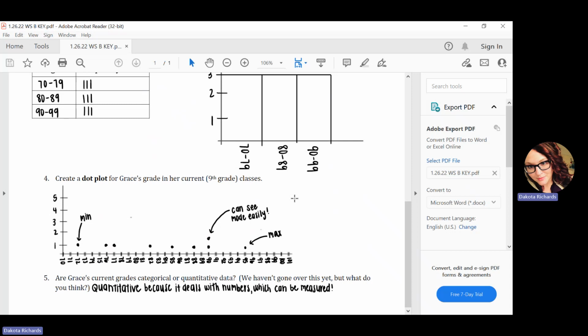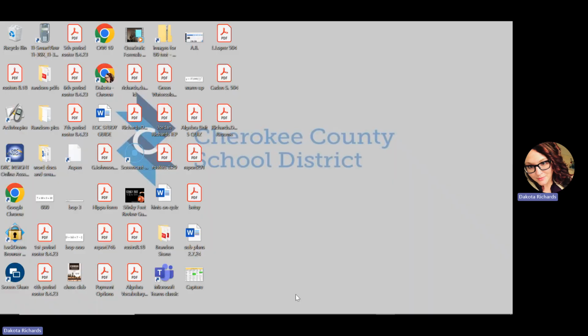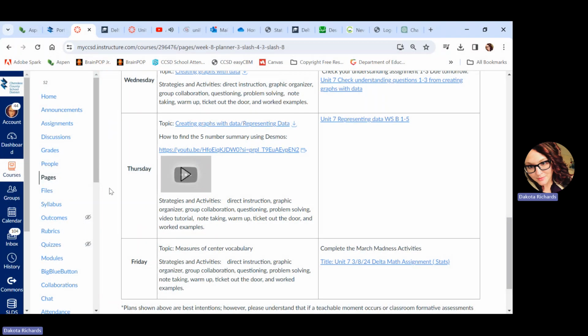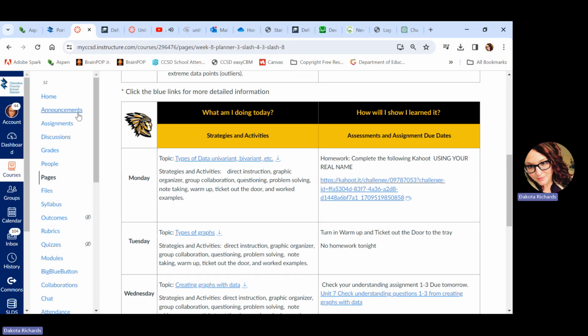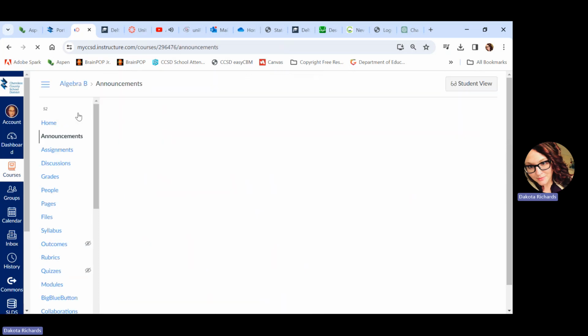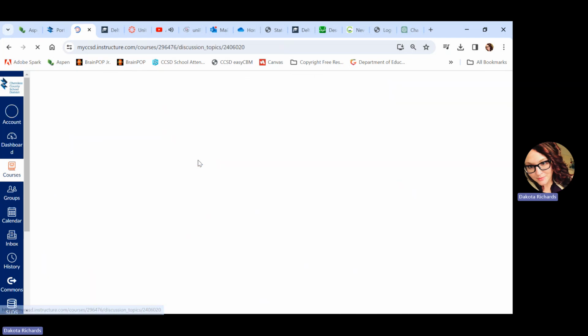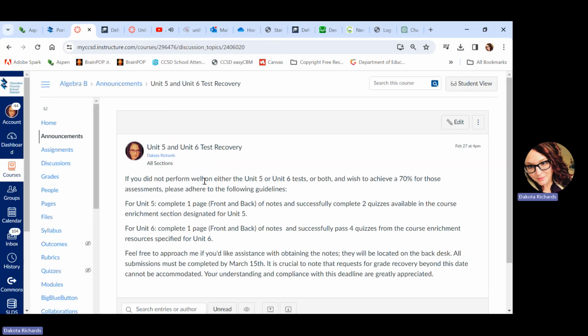Okay, so make sure you have submitted this homework. Now I just want to reiterate, if you have not finished the recovery, remember I made an announcement. So if you failed Unit 5 or Unit 6 tests and you want to get a 70 on those tests, you need to do this, and you need to do the worksheets that are on the back desk.